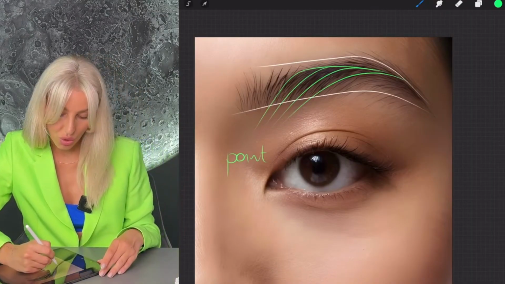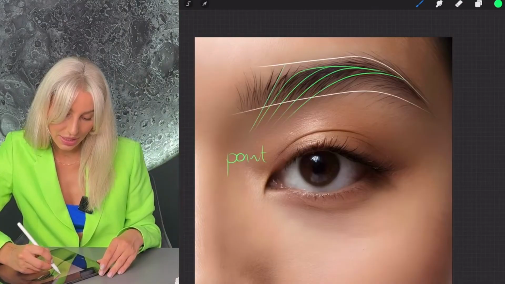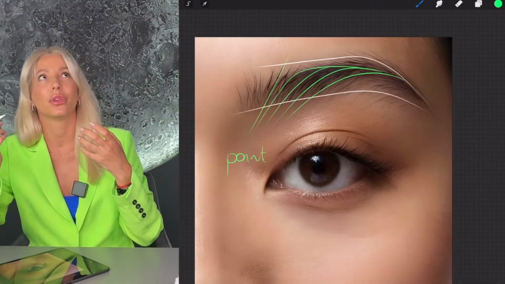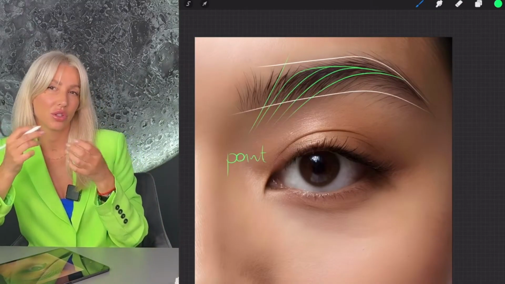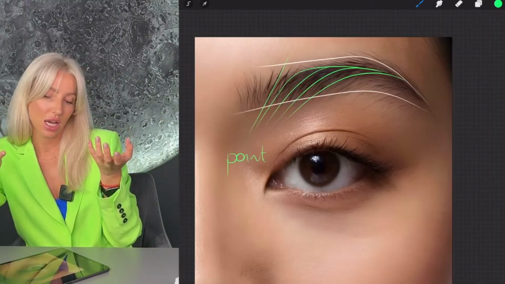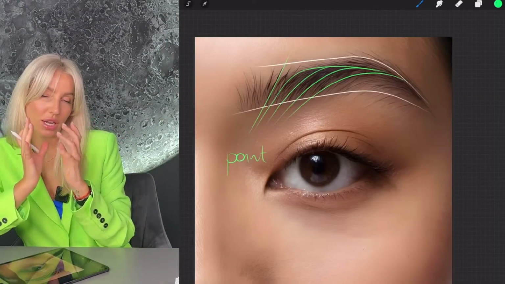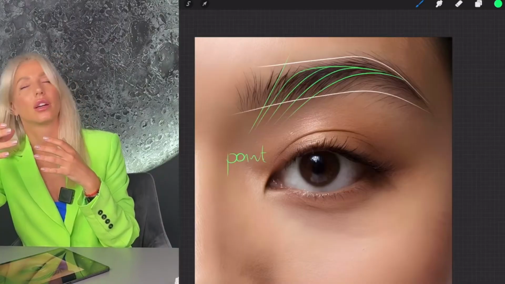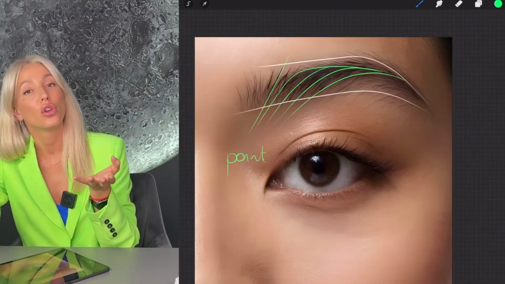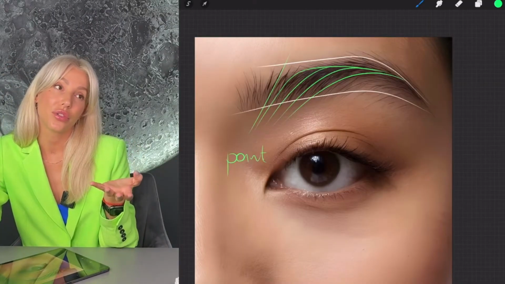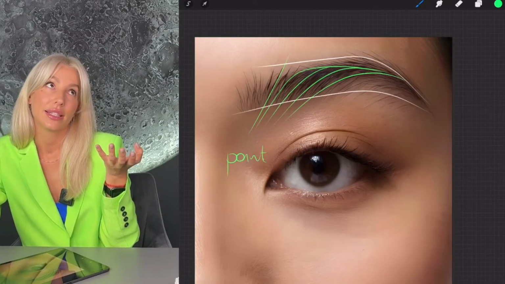That's how your drawing will get a beautiful finished result, connected with her natural eyebrow, with all the volumes and curves and bends.